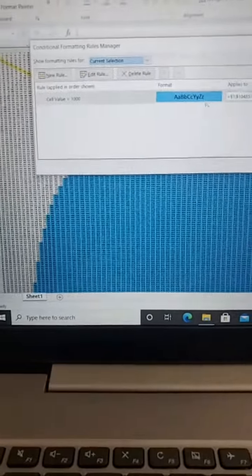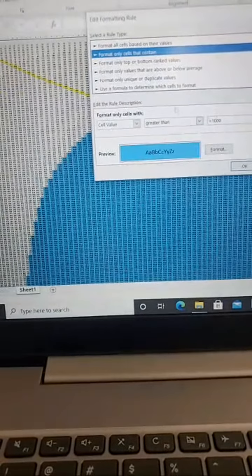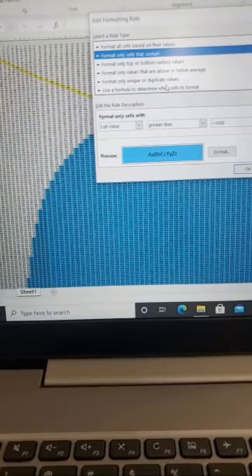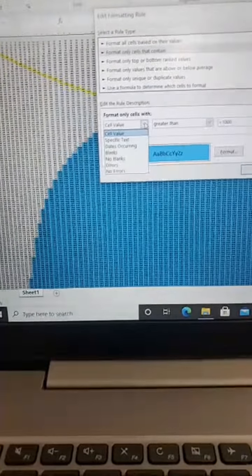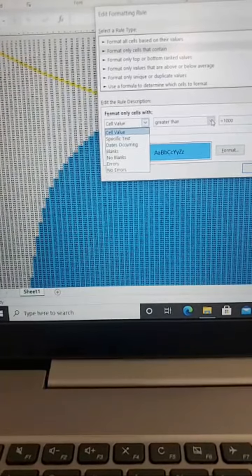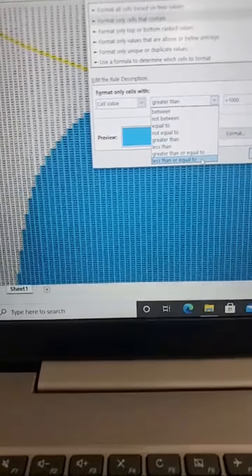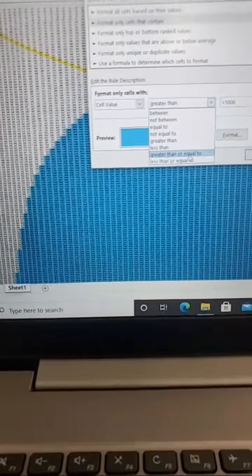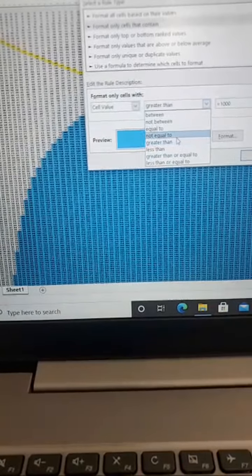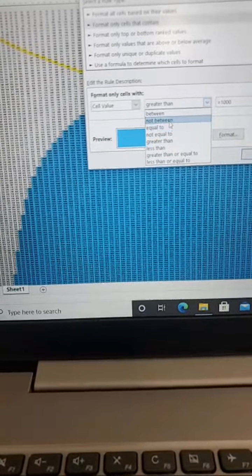So what does this tell us? I don't know. I'm trying to figure it out. It tells us that, is it even useful unless we know? Like, what if it's a big number? Less than or equal to, less than, greater than, not equal to, between.